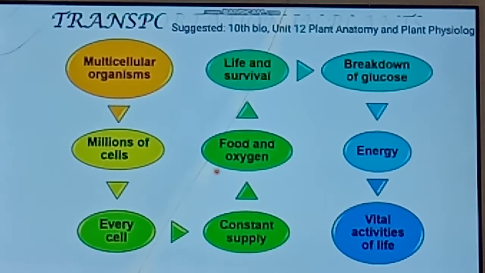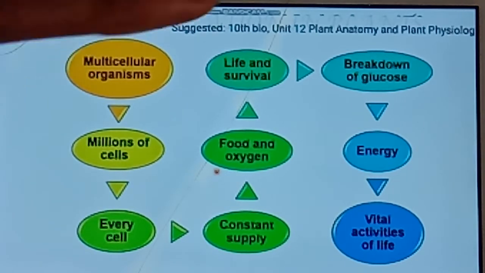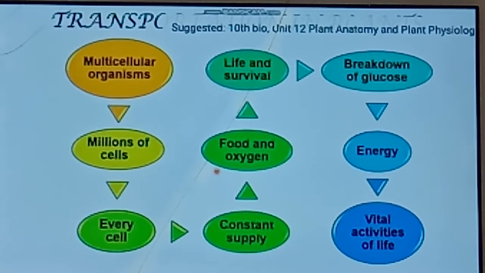Every cell must be supplied with the essential substances, nutrition and oxygen, for life and survival. Next, the breakdown of glucose is the source of energy. Energy will be created for the vital activities of life in the transportation of the plant. Is it clear?